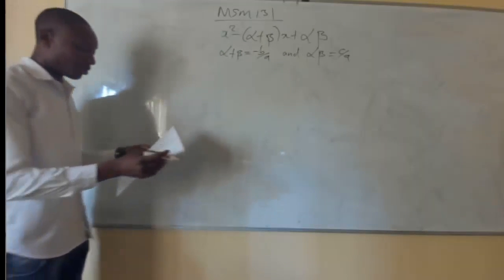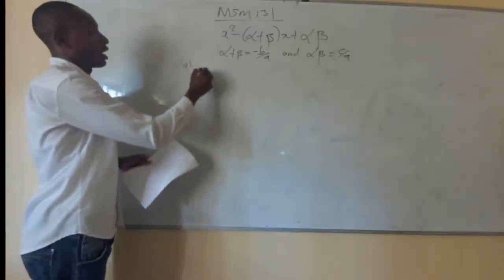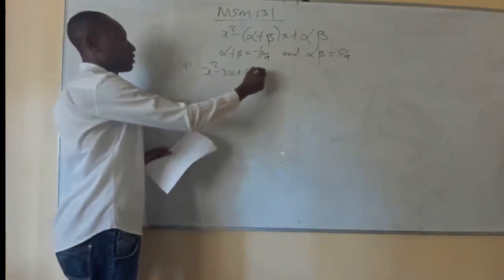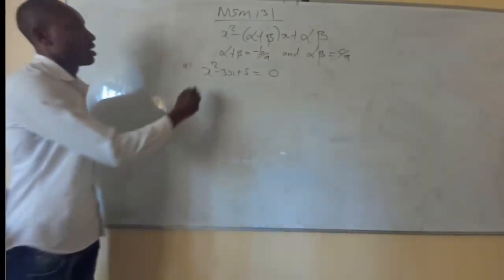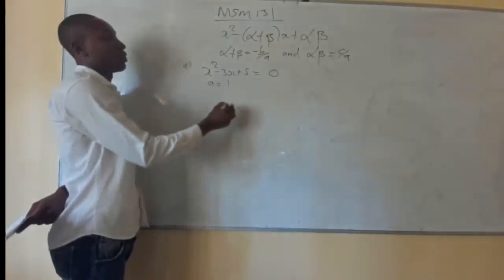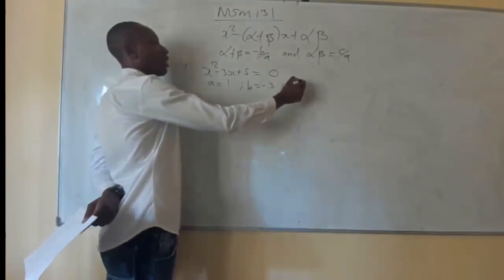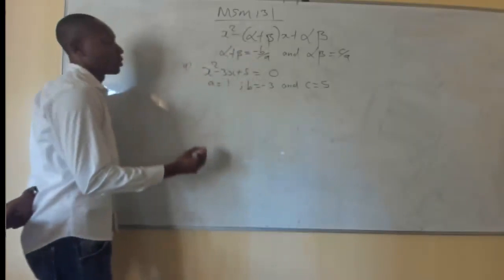Right, so we have a question, part A, which says x squared minus 3x plus 5 is equal to 0. So what I need to do is identify my a, b and c from here. So a is 1, b is negative 3, and c, the constant, is 5. So what is the sum?